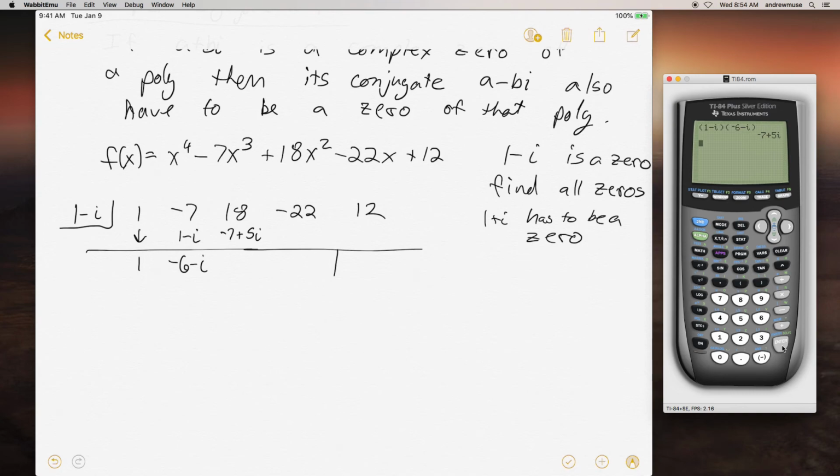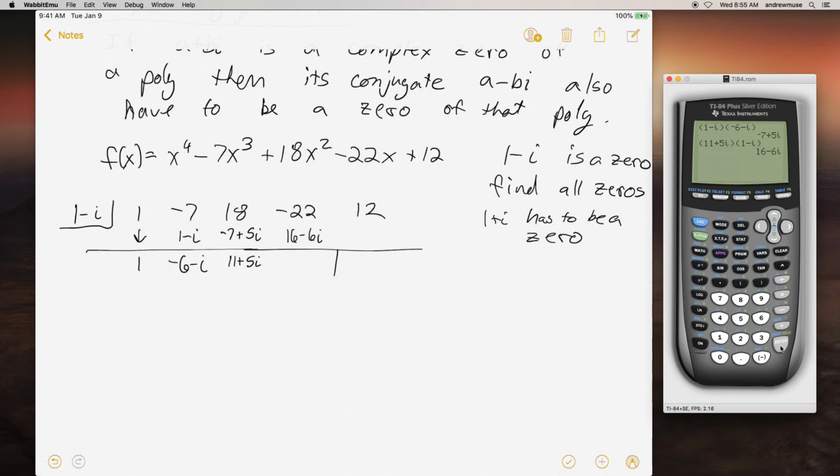So if we do that, we get negative 7 plus 5i. Add just the real parts. 18 plus negative 7 is 11. And plus 5i. So then we need to do 11 plus 5i times 1 minus i. And we get 16 minus 6i.